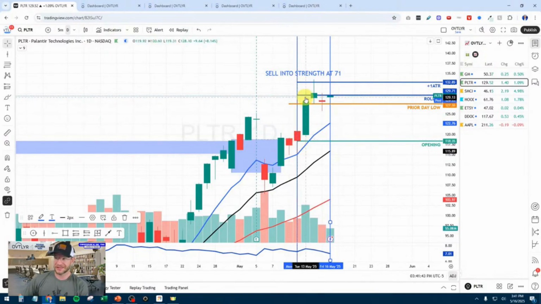I rolled it once, one giant roll. When I rolled up my options, which the videos on YouTube show how I did it and why I did it, go watch that. Go look at my history and you'll see how I talked about a risk-free trade in Palantir. When I rolled this up from here to here, I had zero risk on the trade.